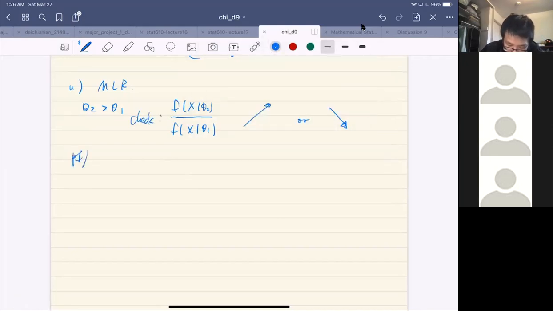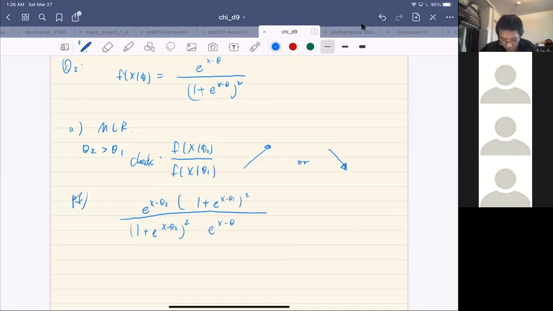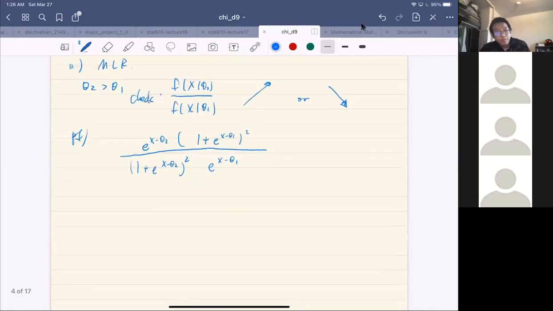Okay, so let's plug this into the density. We may have this, and also the same thing here with x minus theta 1 and another one here.